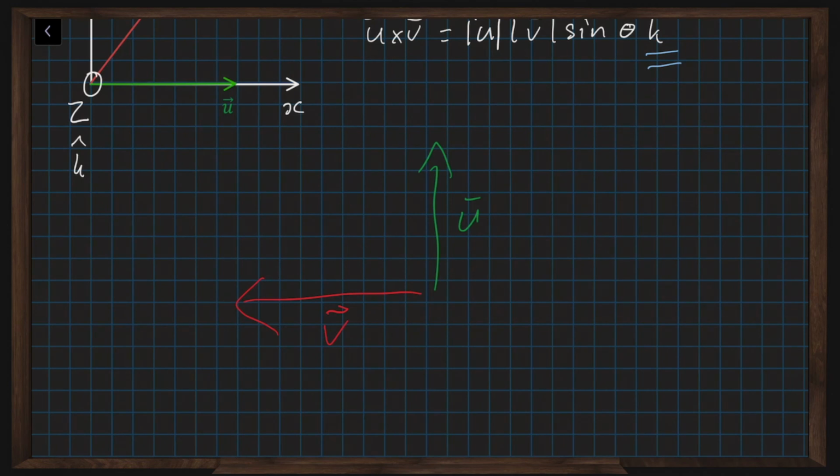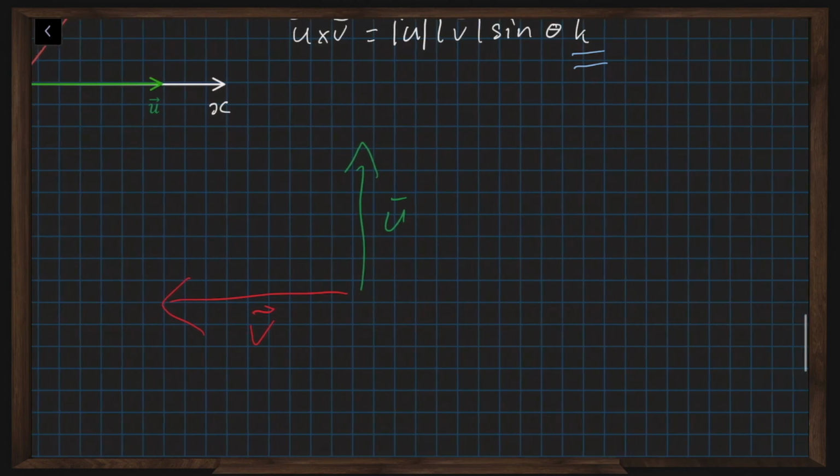And now extend your thumb. In what direction does the thumb go? But now reverse the situation and extend your index finger along v and your middle finger along u. In what direction does your thumb point now? And this indicates something very important.